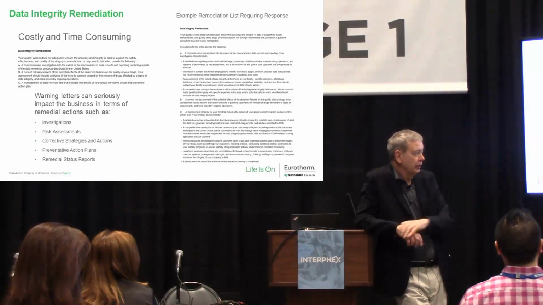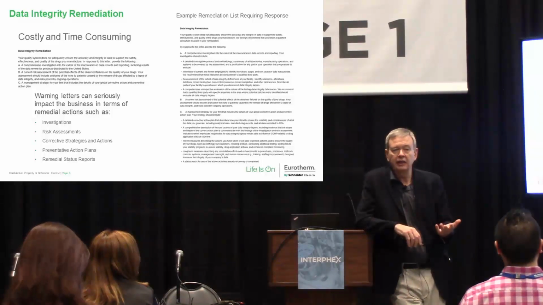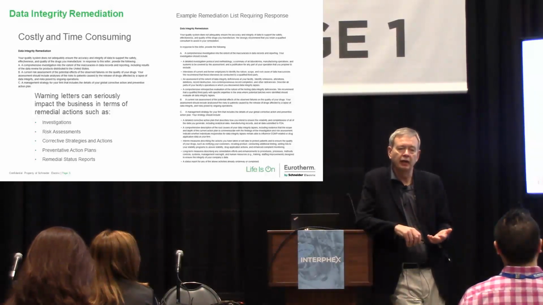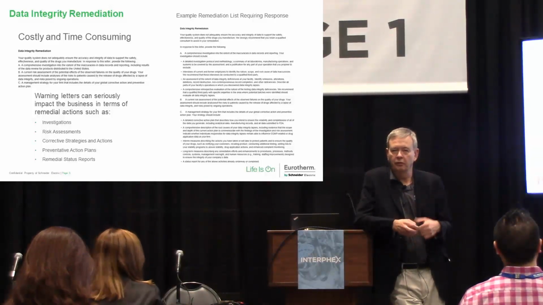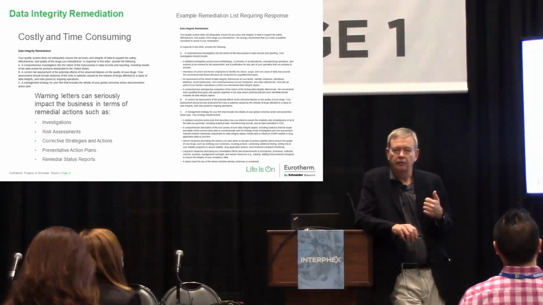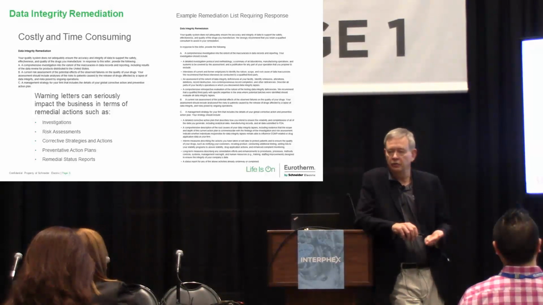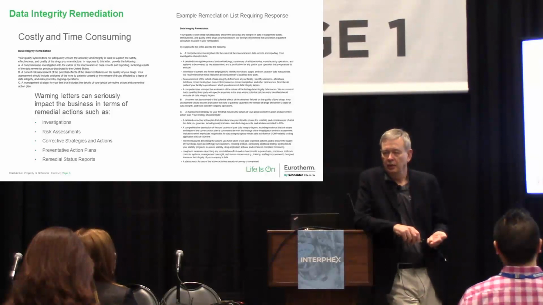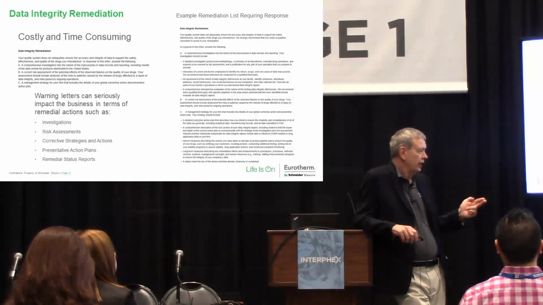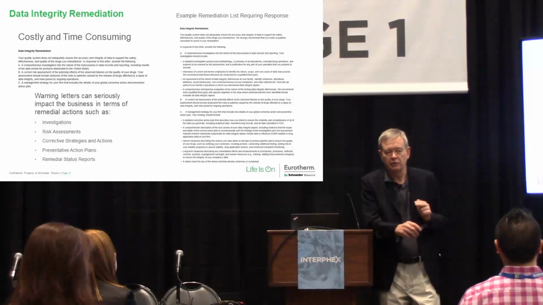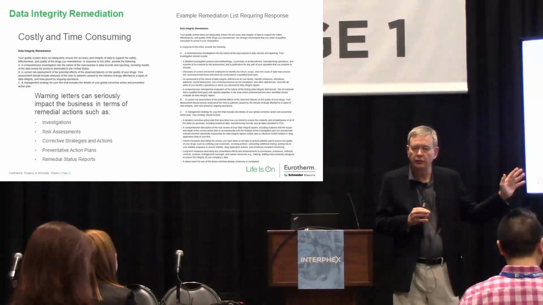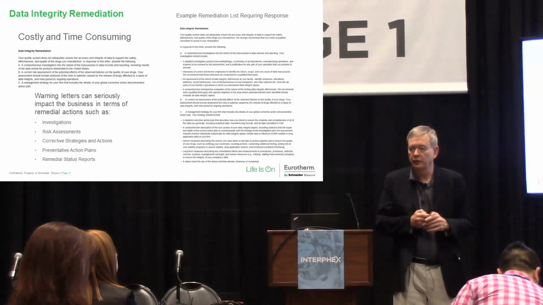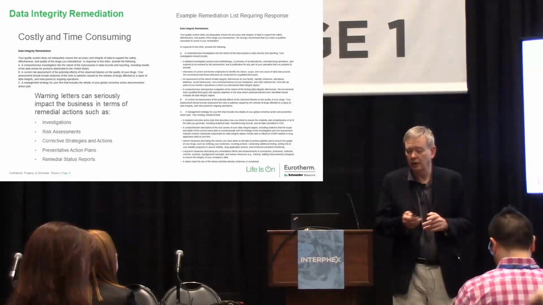But on the right is a very good example of some of the remediation actions that are recommended by the FDA. The problem with all this is nobody really plans in their business for the resource needed and for the time needed and the cost needed associated with remediation actions. So you want to do whatever you can to avoid this sort of thing, because forcing your quality guy to have to deal with this sort of thing is going to take him from other things that you might want to have him spending his time on.